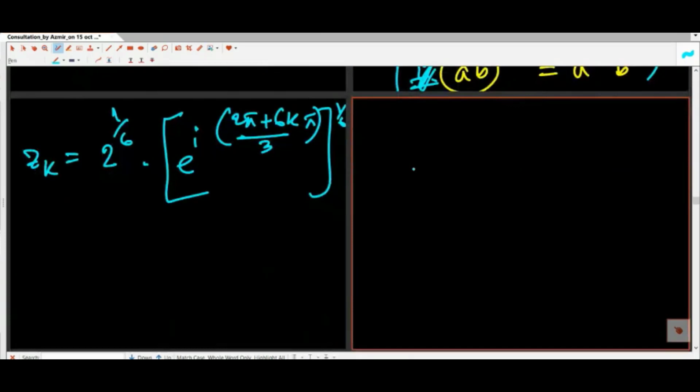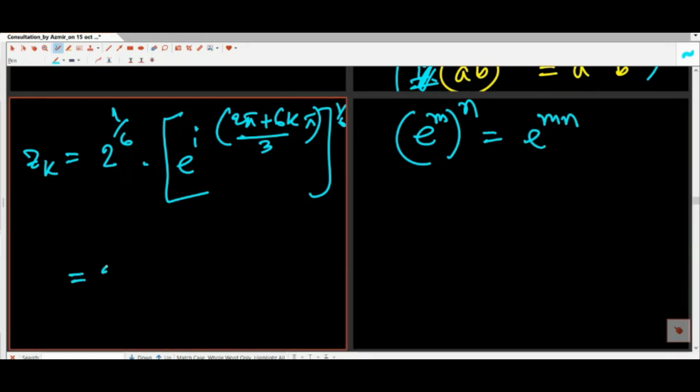We are using this formula. Again, you know that if we have (e power m) power n, then we can write e power mn. So we can write 2 power 1 over 6 times e power i, where this is m and this is n.